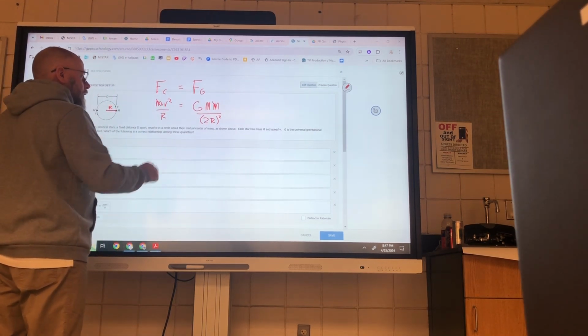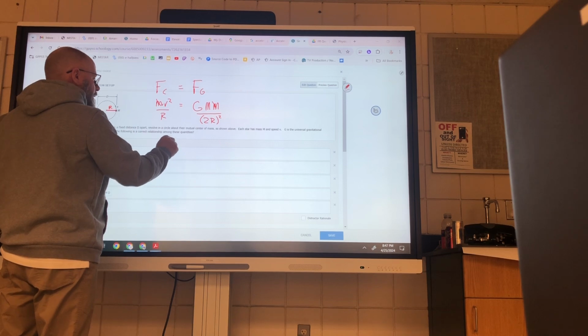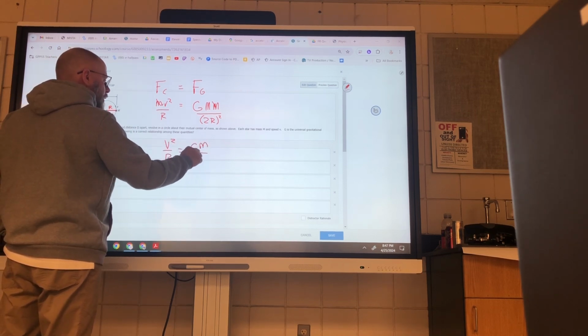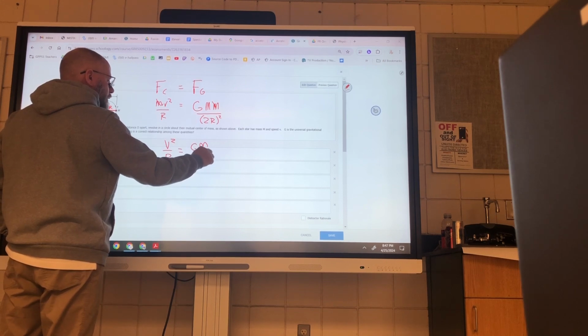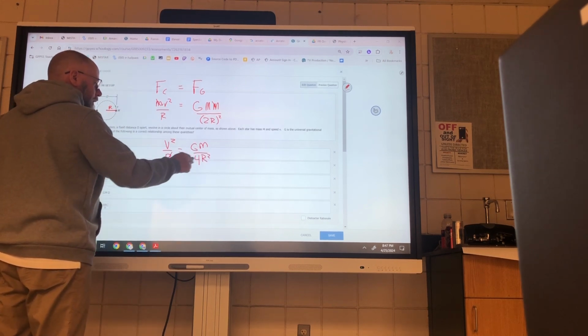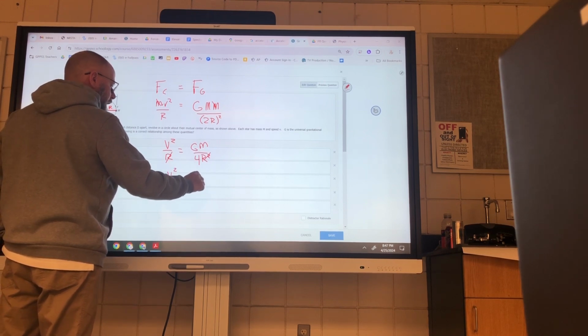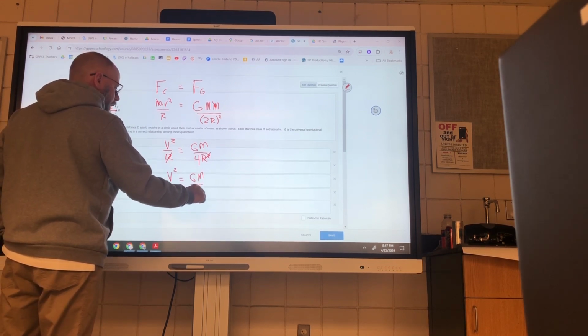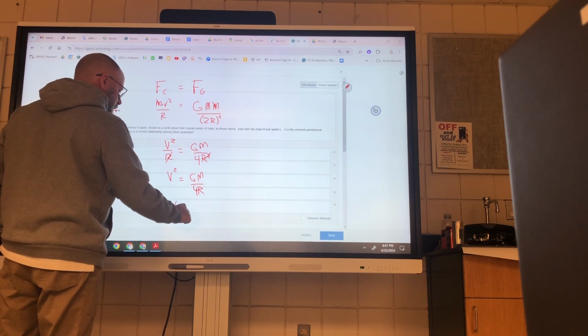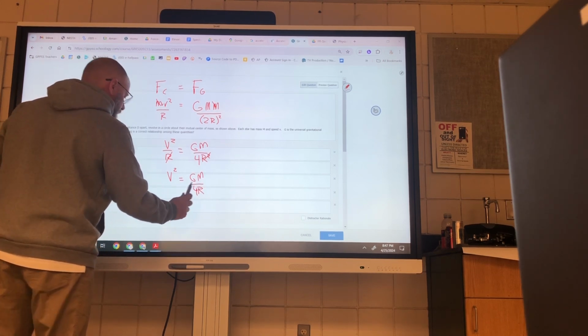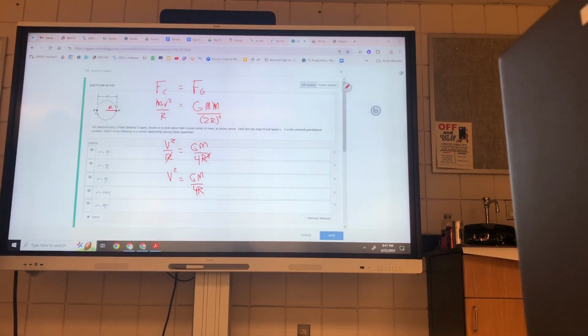Yeah. True? So now I have v squared over r on the left side equal to GM over 4r squared on the right side. V squared is equal to GM over 4r. And v is equal to... this is dumb. Oh, it's v squared, good. Perfect.